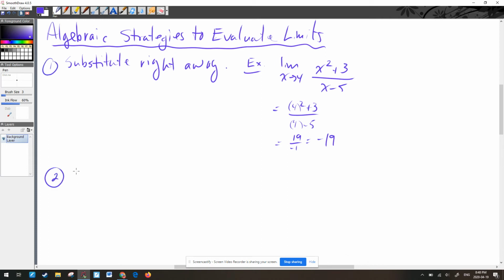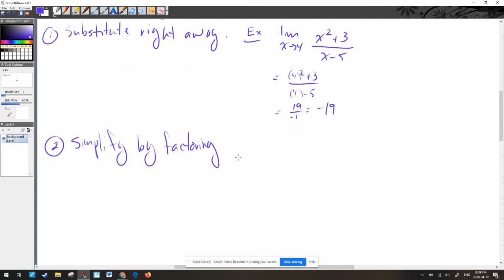Another one we could do is simplify by factoring. So that was one of the ones where, I'm going to set this up: the limit as x tends to, and I'll come back and fill that in a second.